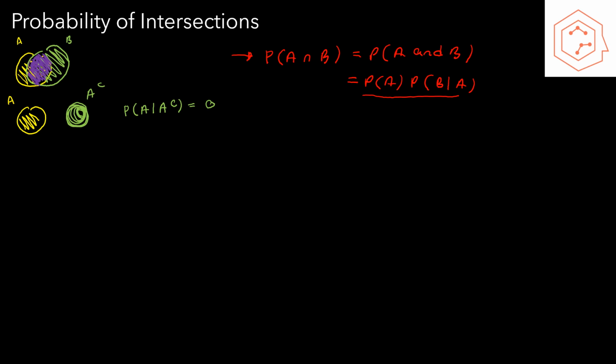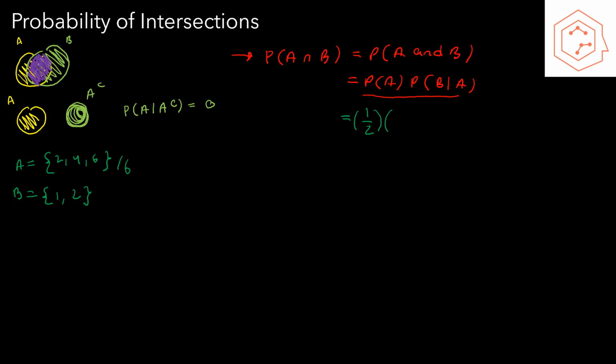If we go back to our event A, which was getting a 2, 4, or a 6, and event B, which is getting either a 1 or a 2, the probability of event A and B occurring is the probability of event A, which is 1/2, since it's 3 divided by 6 total outcomes, or simply the probability of an even number, multiplied by the probability of B given A.